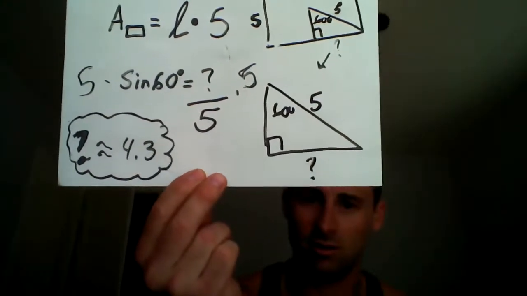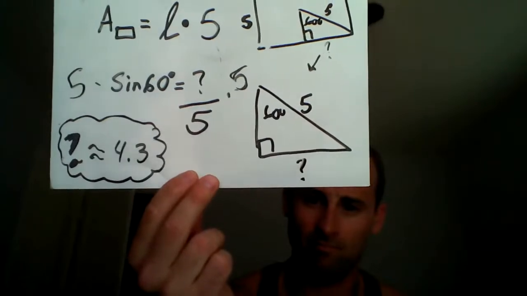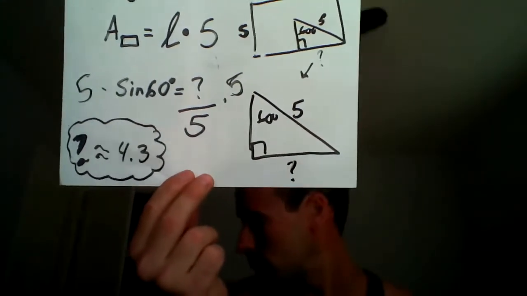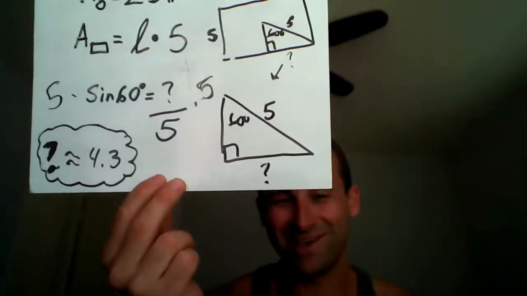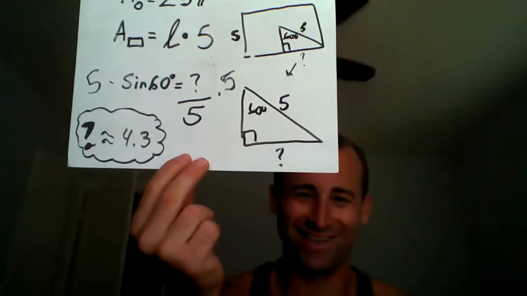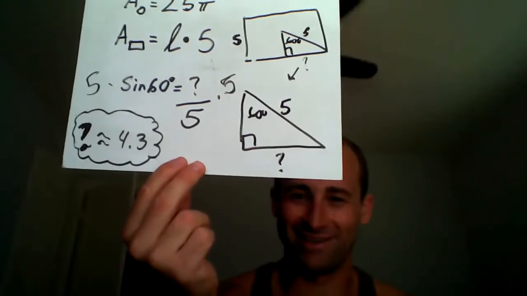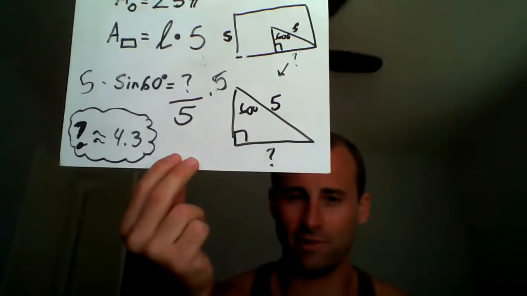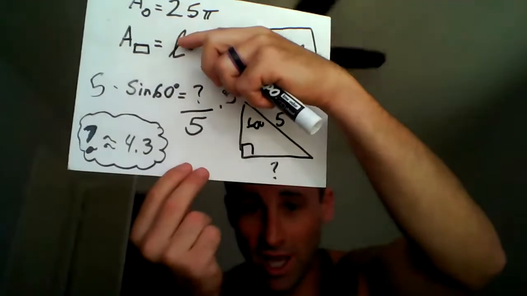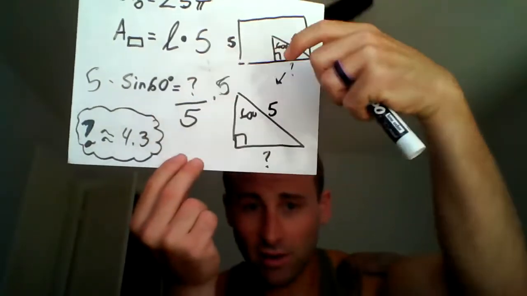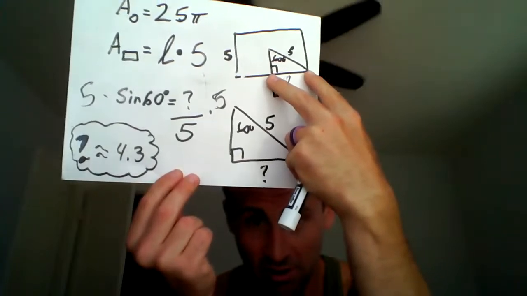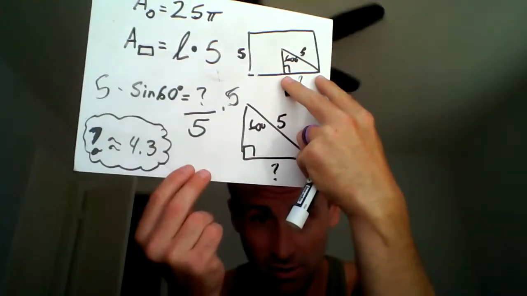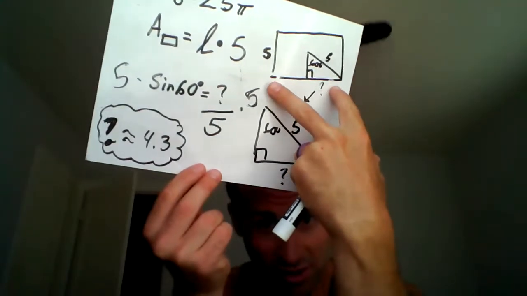So did we get something like this? Okay, so now remember, to get the actual length, we have to double that, because 4.3 is only this distance here. So it's going to be 8.6. That is going to be the length.